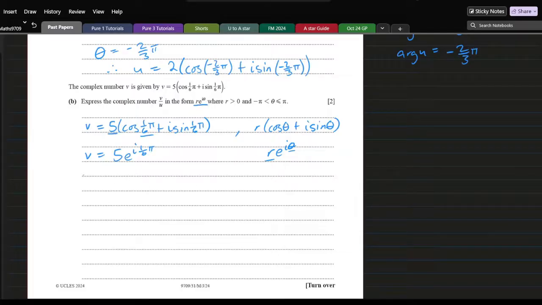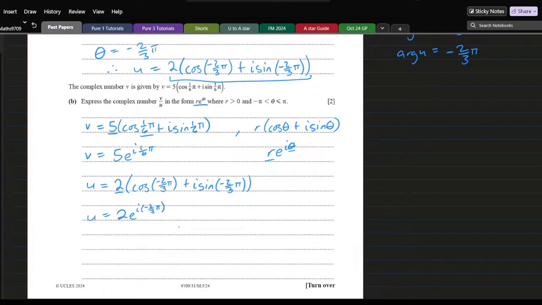We'll do the same for u. We represented it as 2 cos negative 2/3 pi plus i sine negative 2/3 pi, so r is 2 and theta is negative 2/3 pi.